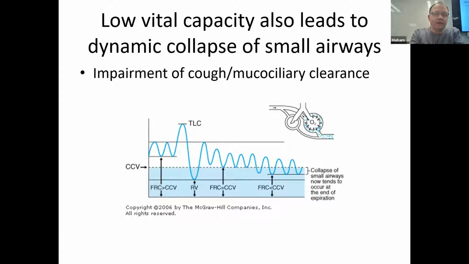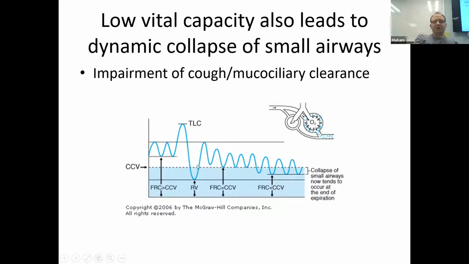And a final point, and really how this atelectasis develops, is a concept called the critical closing volume. This is the pressure at which the very small airways don't reopen during an inspiratory effort, or don't stay open in the circumstance of normal tidal volume.